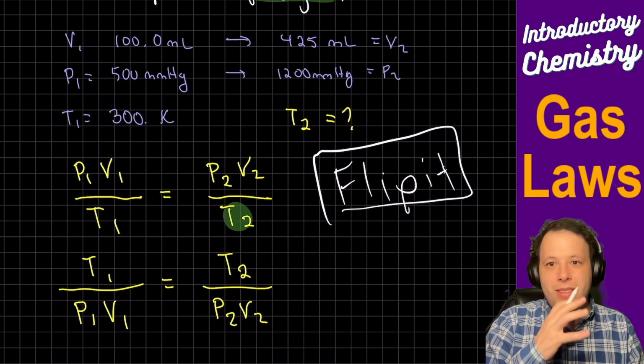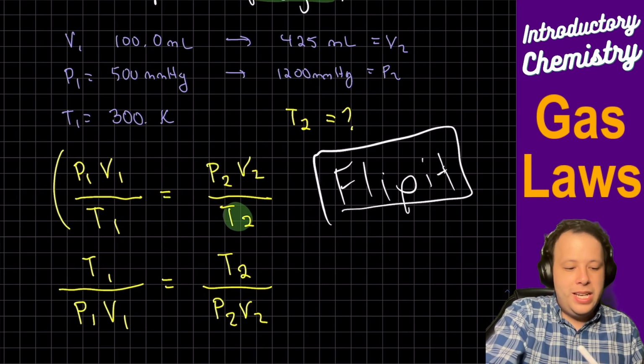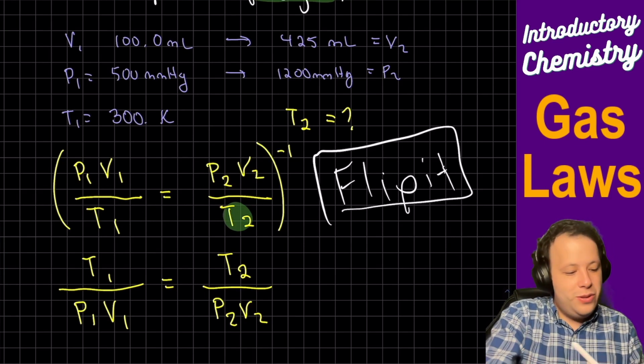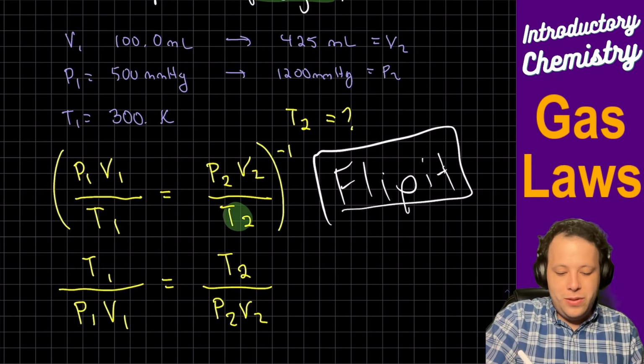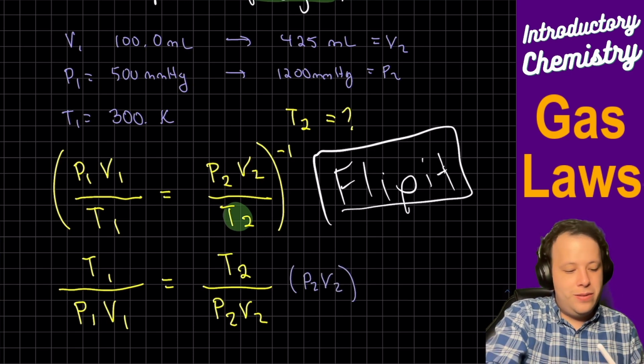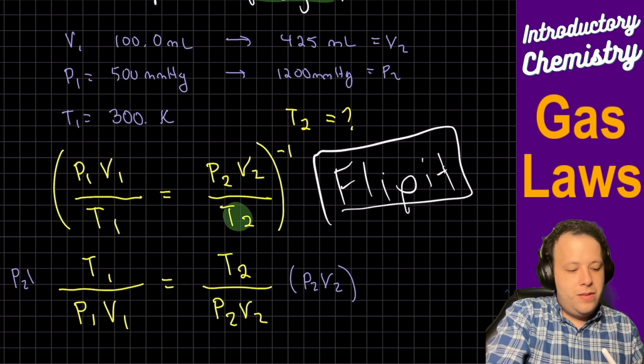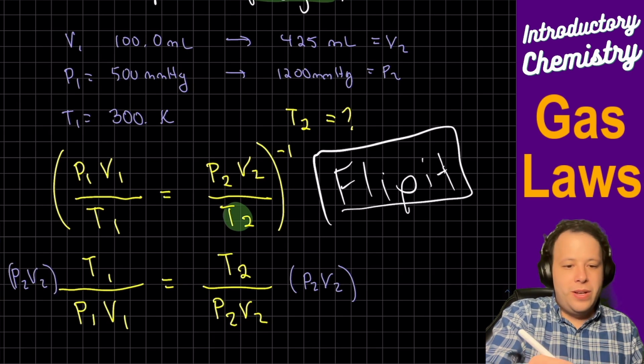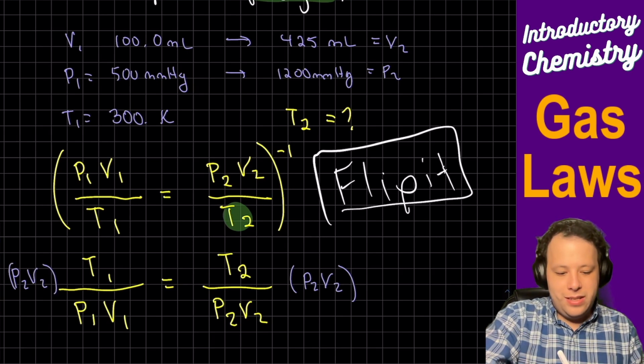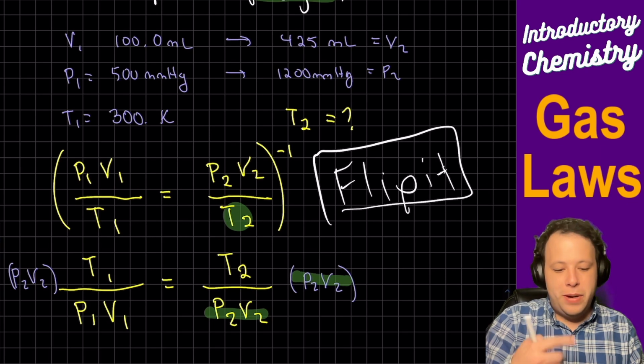V2. This allows for T2 to be by itself a little bit faster, so you are taking the inverse when you do this. So what we're going to do is multiply both sides by P2 V2, and that is going to get T2 by itself.